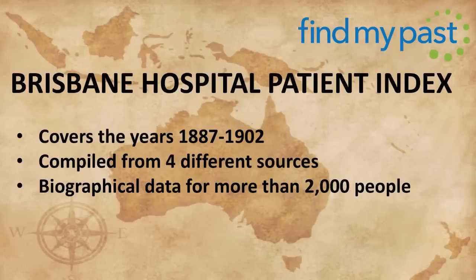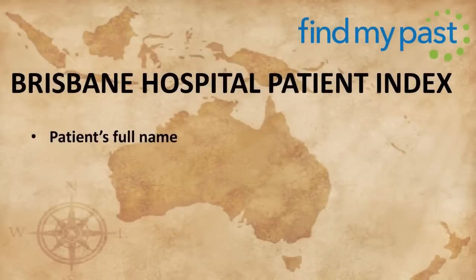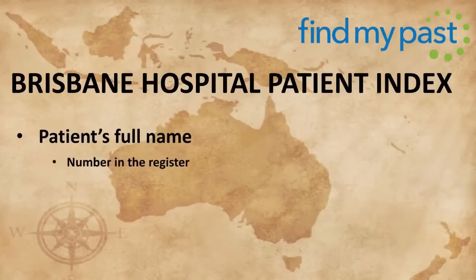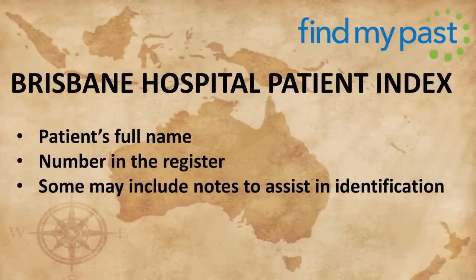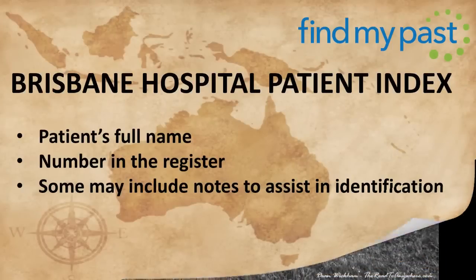Some of the patients lived in other parts of Queensland, including the far north and west of the state, so don't disregard this data set if they didn't live around Brisbane. These records include the patient's full name, the number in the register, and some may also include notes to assist in identification if part of the name was missing or to aid in suspected spelling variants, aliases or birth names.